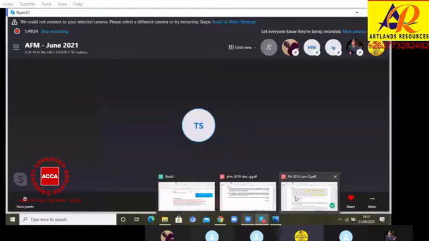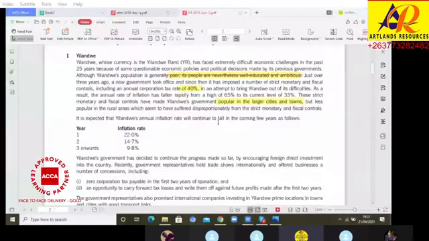The Zimbabwe government has decided to continue the progress made so far by encouraging foreign direct investment into the country. Recently, government representatives held trade shows internationally and offered businesses a number of concessions, including, so this is what they are doing, a 0% tax rate for the first 2 years.